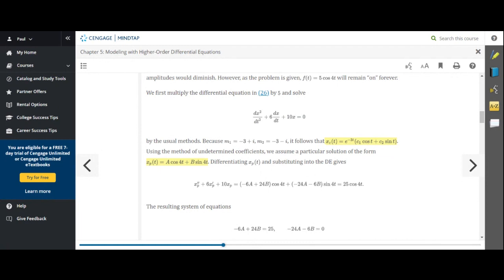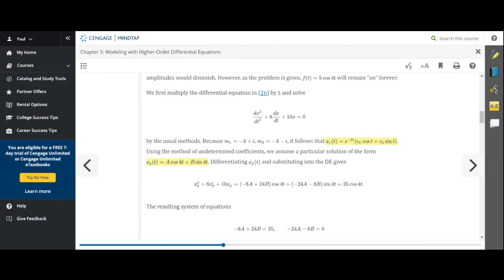There are no repeats, notice. The complementary function has cosine of t in it, and the particular solution has cosine of 4t. So you don't have to worry about inserting a t. But you always have to be on the lookout for that when you do the problems.